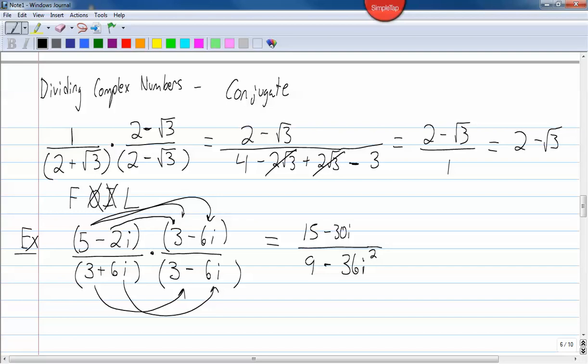Negative 2i times 3 is negative 6i. And negative 2i times negative 6i, a negative times a negative is a positive. 2 times 6 is 12, and i times i is i squared. So that is a positive 12i squared. Don't forget to put the squared.